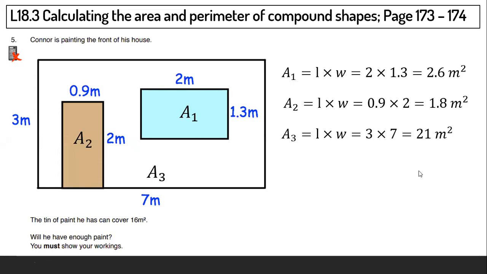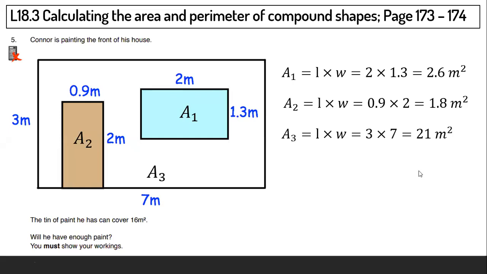What is the total area now? What will it be? 2.6 plus 1.8 plus 21. No, remember, Muhammad, you're taking them out. You're taking the window out and the door out, because area 1 is the window and area 2 is the door.